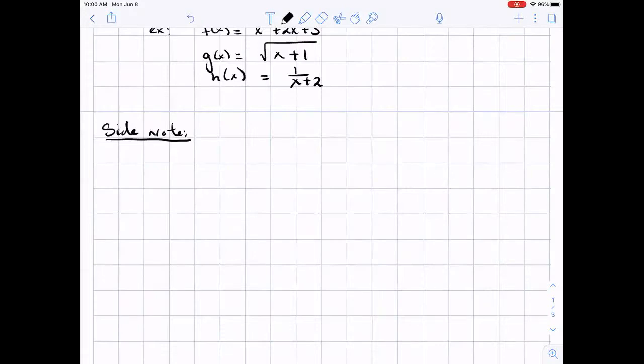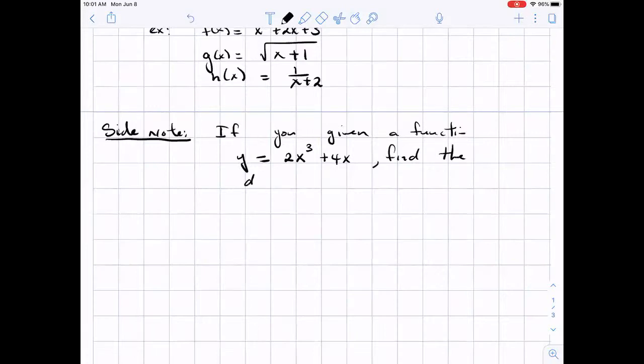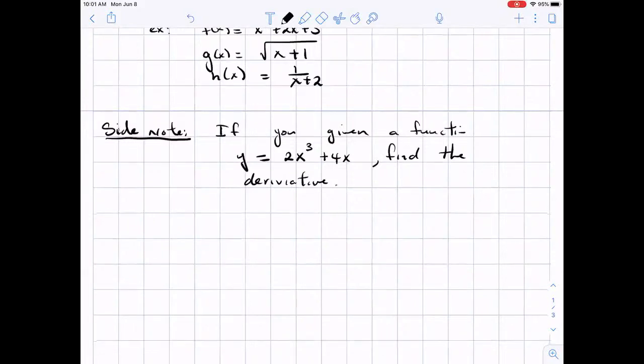If you are given a function, y is equal to 2x cubed plus 4x, and you're asked to find the derivative of this, what we usually do is say y prime or dy dx, okay?